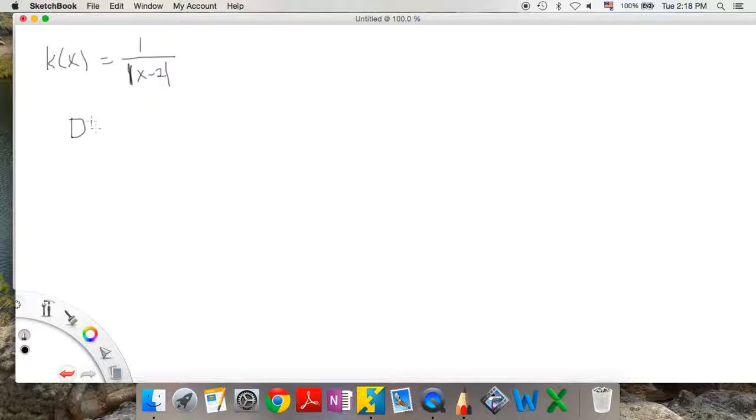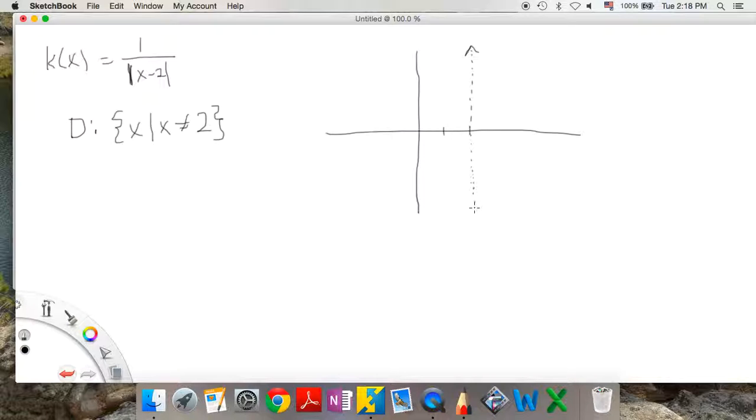So our domain is x such that x is not equal to 2. So it can be anything else, it just can't be 2. So what we have in our graph is what we call a vertical asymptote. Hopefully this looks familiar. And it's basically a dotted line that we put in to show us that the function doesn't go there.